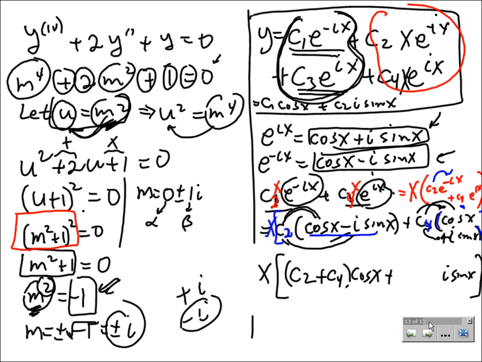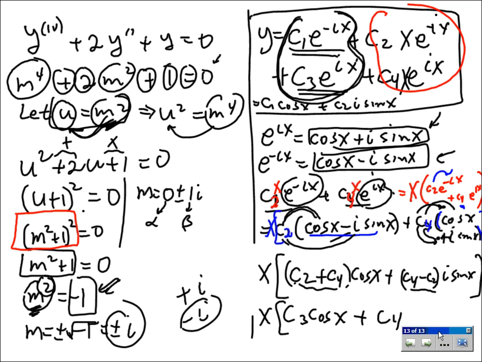Well, you have negative C2, I'll write that second, and you have plus C4. So there's the x. I'll call that C3 cosine x plus, I'll call that C4. If you want to use different coefficients, go for it.